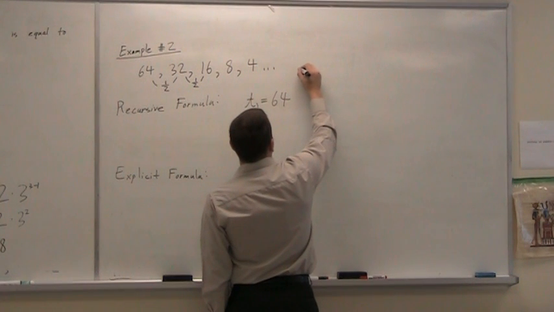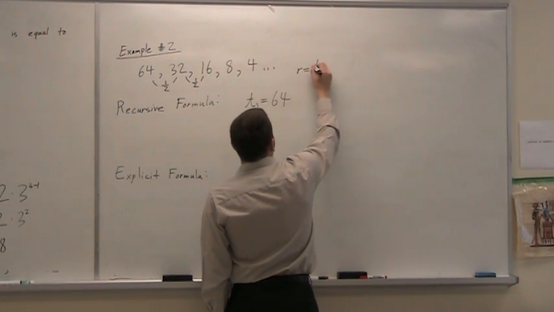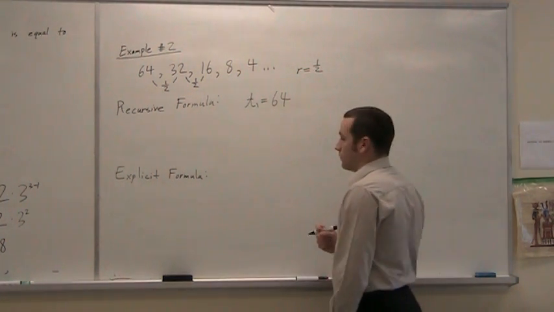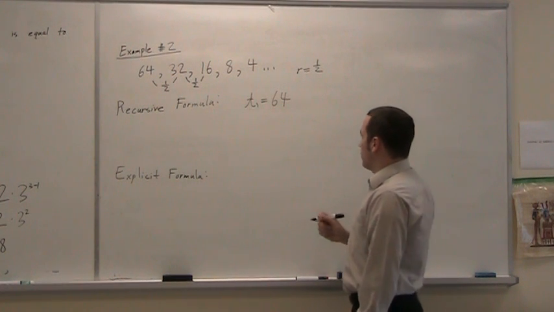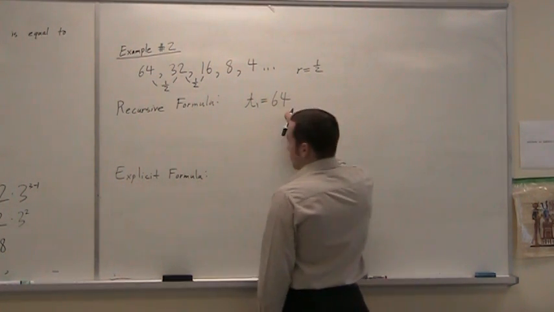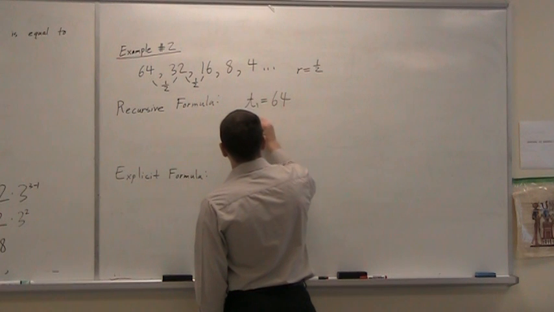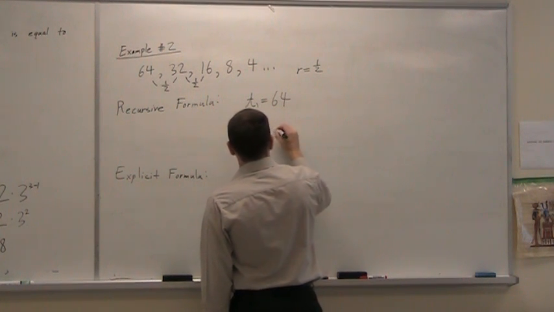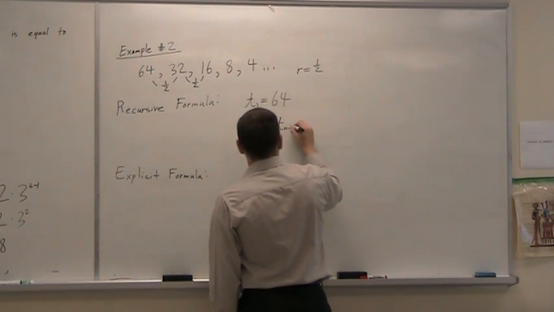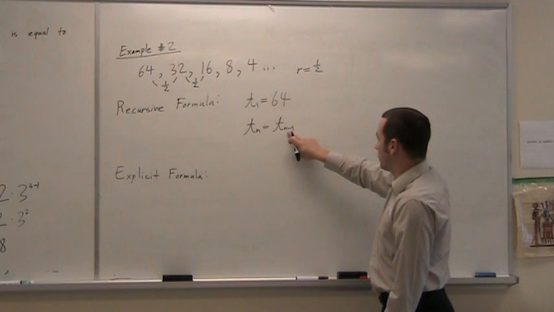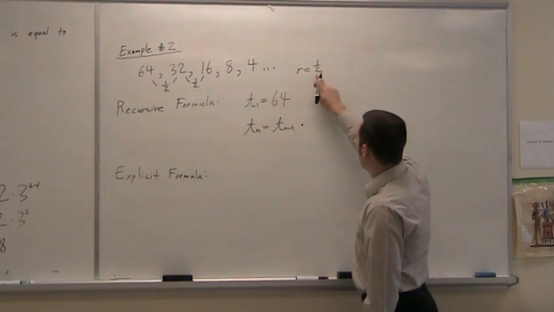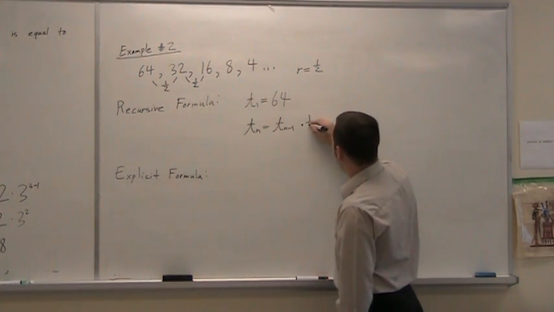So my common ratio here, R, is equal to 1/2. So now I've got the first term is 64. I tell the person, to get any term, you take the term before it and multiply it by our common ratio, which is 1/2.